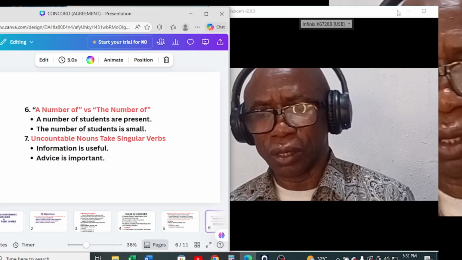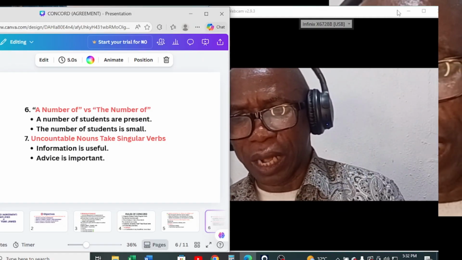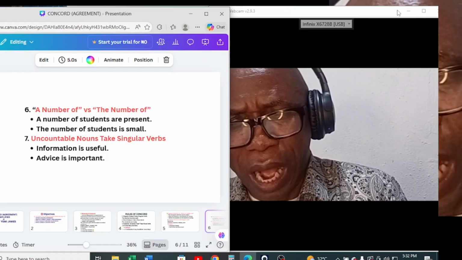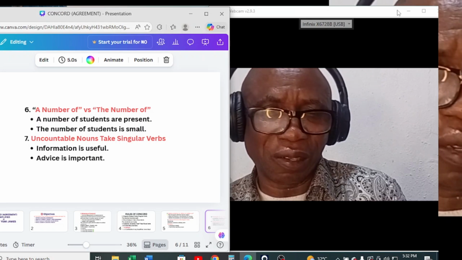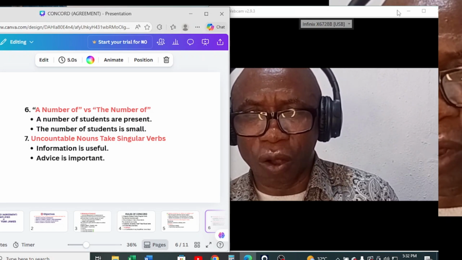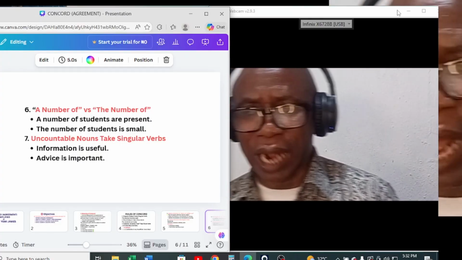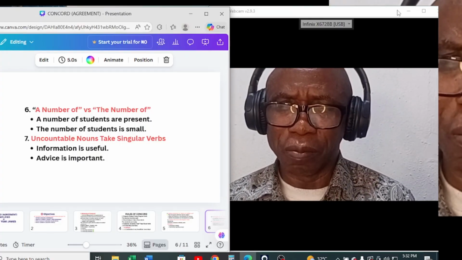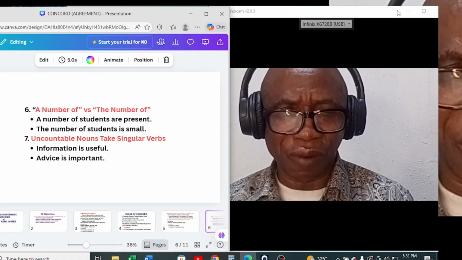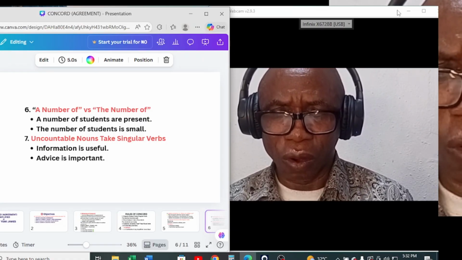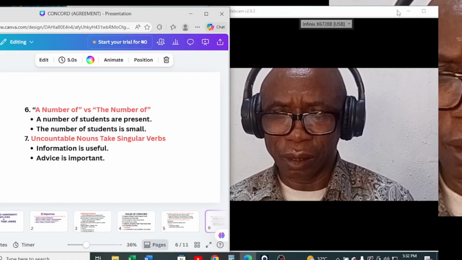So let's take note. Rule number 7, uncountable nouns. Uncountable nouns take singular verbs. When we were discussing nouns, I mentioned that uncountable nouns are not to be counted, and for that reason, you cannot make them plural. Example, rice. You can't count rice. Water. You can't count water.